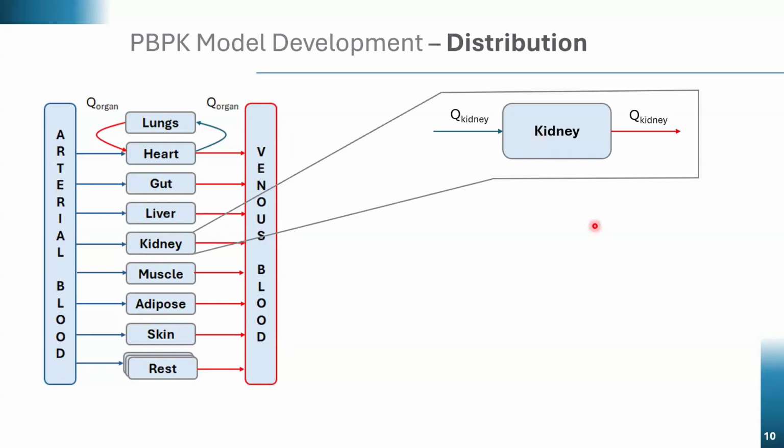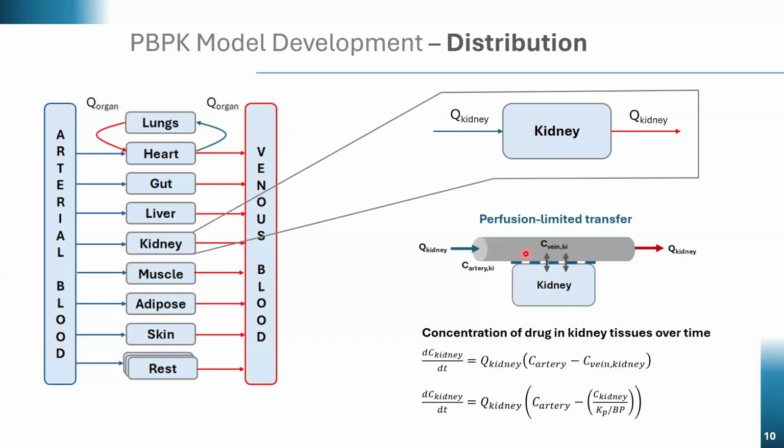So how does the drug leave the blood vessels or the capillary space into the tissues? We can describe this using two mechanisms or processes. The first one is called perfusion limited transfer. This is the blood vessel. In perfusion limited transfer, the assumption we are making is that the barrier the drug needs to cross to enter the kidney tissues is very porous.